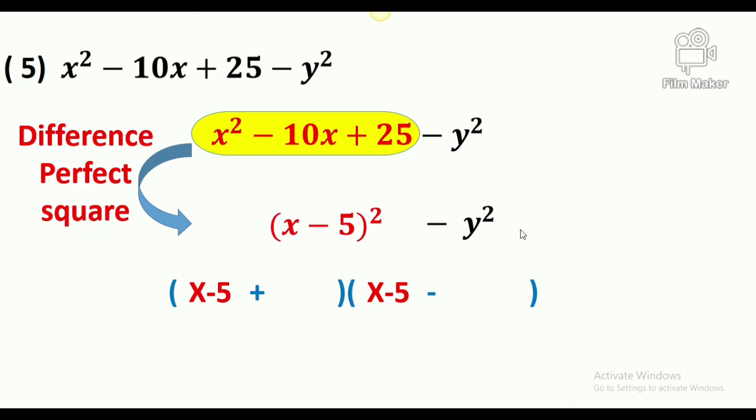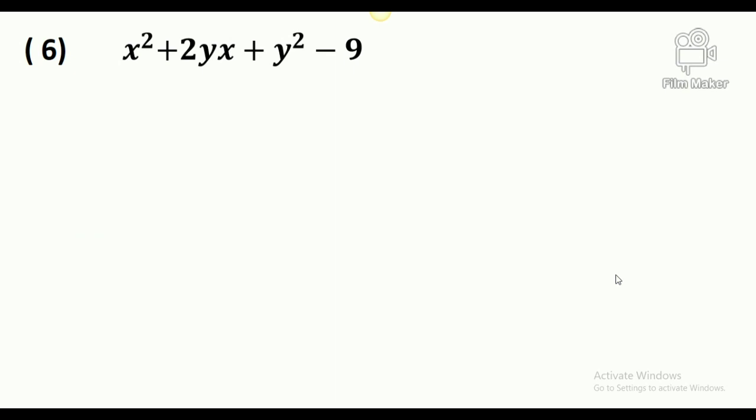Here, can I take these two terms together and the two terms together? No. Do you know why? No common factor here and no common bracket will appear. So we will take three terms together.